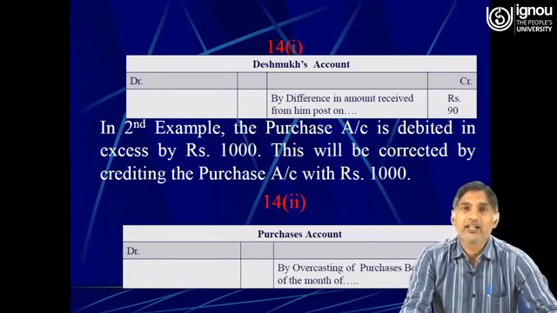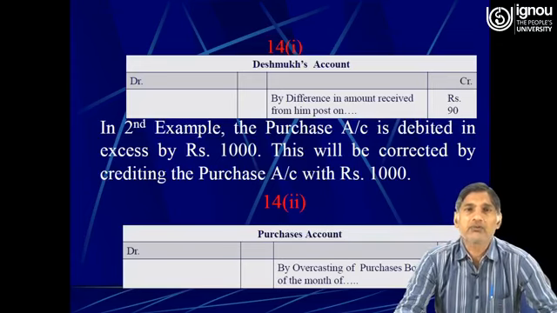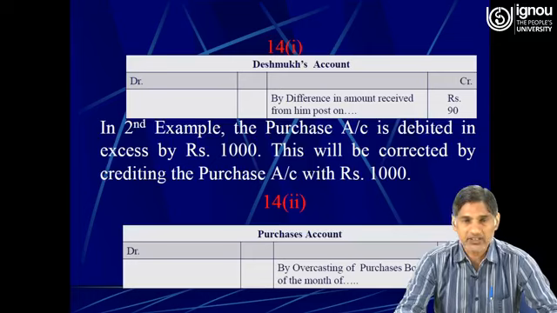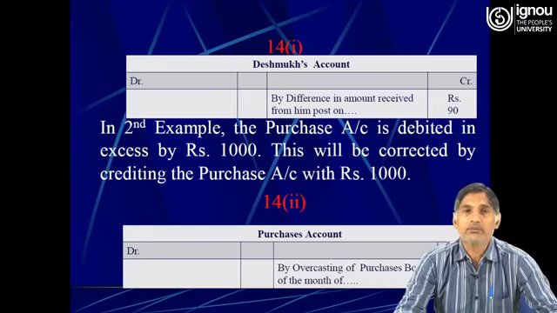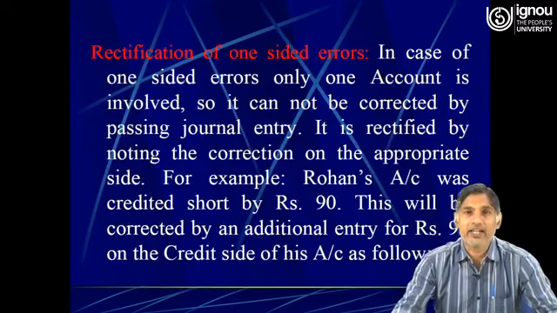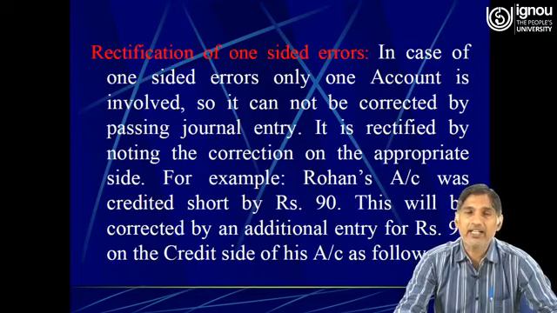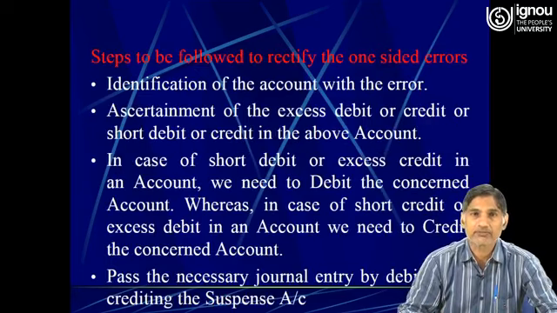Like here we can see that it is Deshmukh account. So it is Deshmukh account instead of Rohan account. So when Deshmukh account has been credited less by rupees 90, this sort of error will be corrected by making an additional entry for rupees 90 on the credit side of his account.